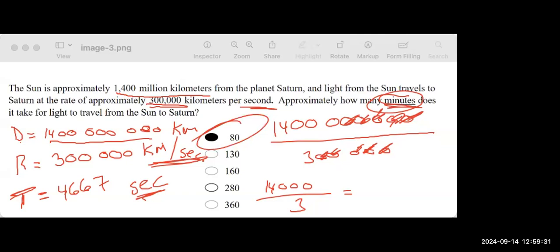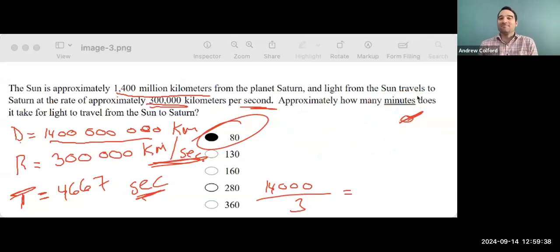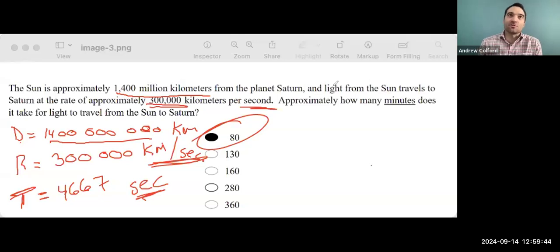Wait, Andrew, why wouldn't you multiply it by 60? Great question, Shirley. I'm guessing several other people probably had that question. They were maybe just a little bit afraid to ask. The way to prove it to yourself, Shirley, is to take an easier question. I want to convert 60 seconds to minutes.